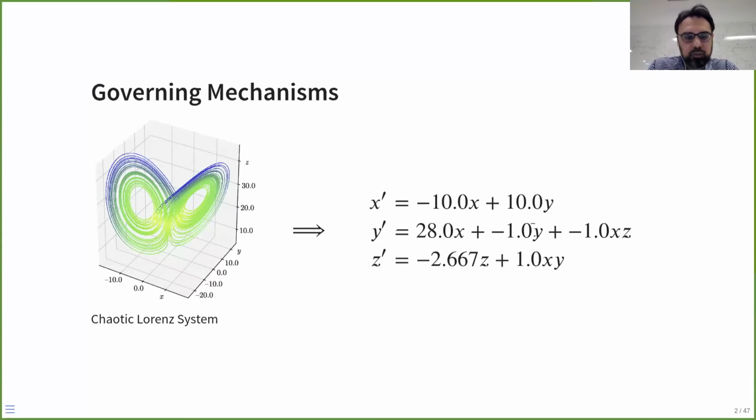In this case, we have the chaotic Lorenz system, and the governing mechanism is a set of differential equations. So we're interested in the question of, given such data, how can we find such governing mechanisms? Either because we're interested in the mechanisms themselves, or we are interested in using those mechanisms for some downstream predictive task.